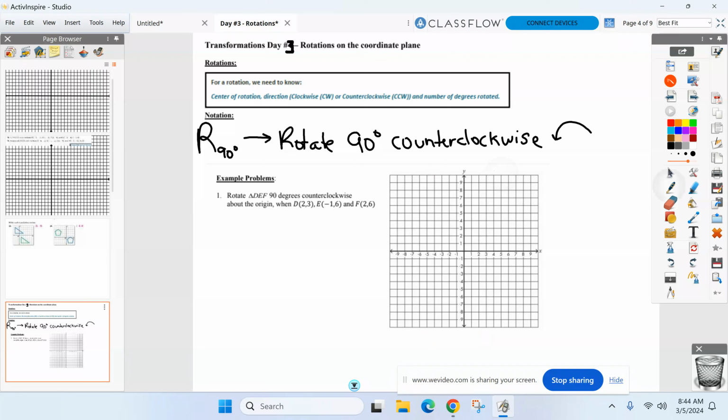Well, what happens if I want you to rotate in the other direction, going clockwise? Instead of a positive degree measure, you're going to see a negative. So rotate negative 270, which means let's rotate my figure 270 degrees, but now in a clockwise direction.